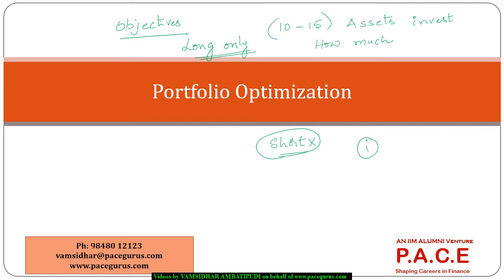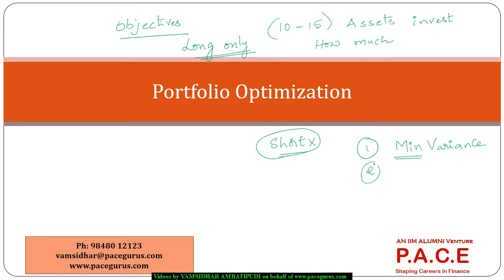So one of my objectives could be a completely minimum variance portfolio. The risk of the portfolio should be the least possible. I want to choose that kind of an investment.